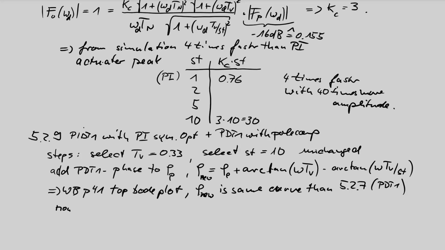Now cross point at minus 105 degree value is the new phase curve at omega d. This gives now the new omega d value.